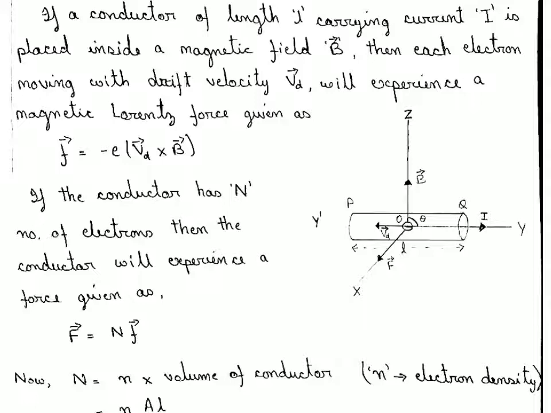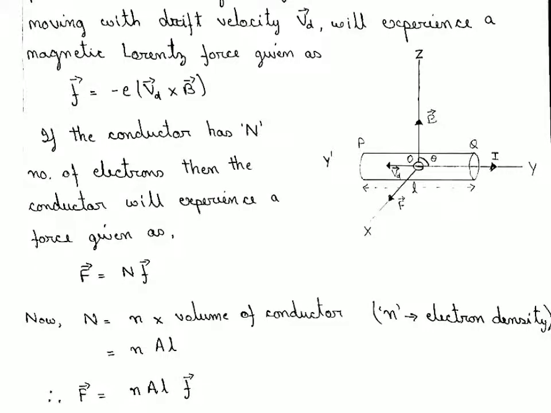Now N here is equal to n into the volume of the conductor, where small n is the electron density. You'll have to recall from chapter 3, we have defined this n, the electron density, as the number of electrons per unit volume. So this is where we get this formula from.